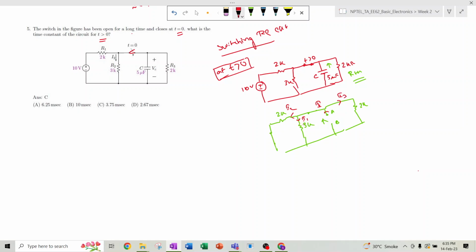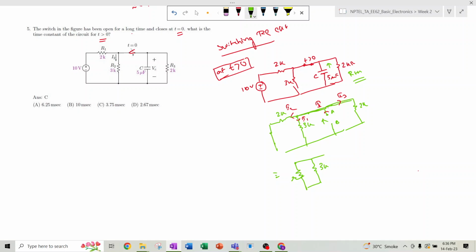So these three resistances are in parallel. To make it simpler, I am drawing it again. This point is basically this point, 2k, and then we have 3k, and then from here these nodes are the same, right?